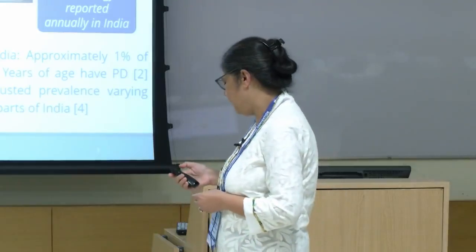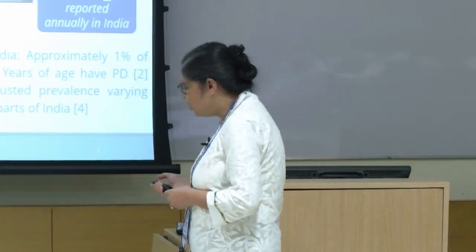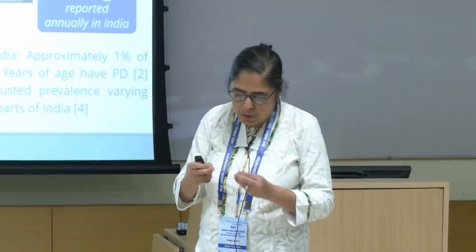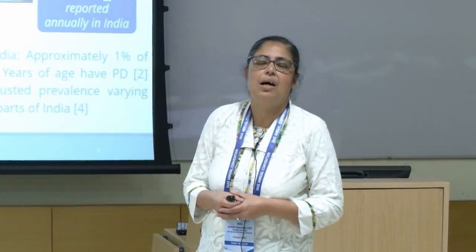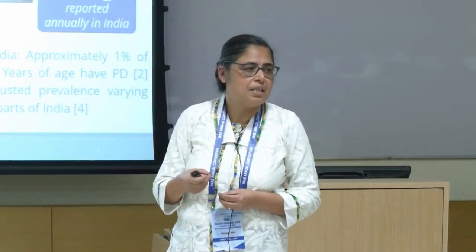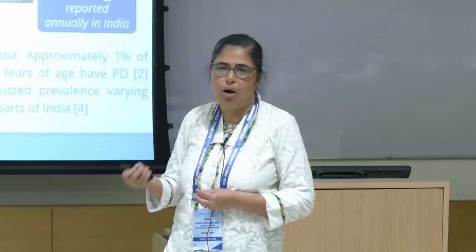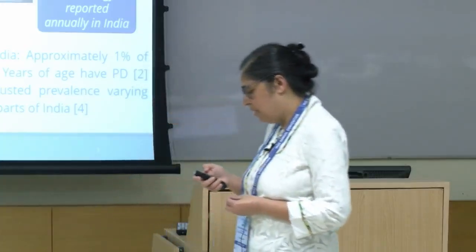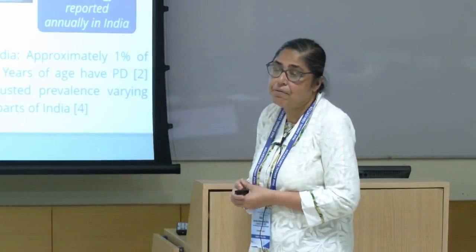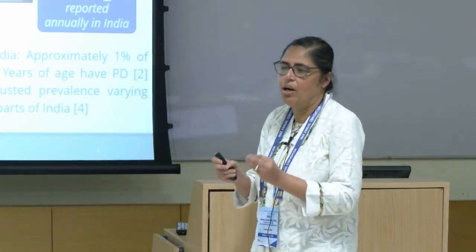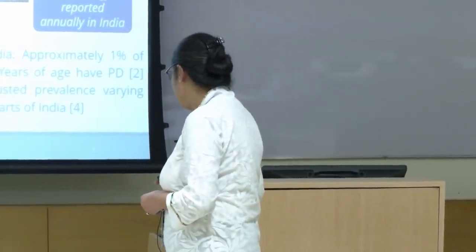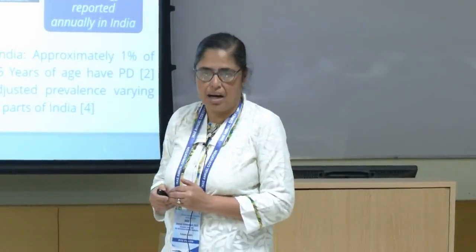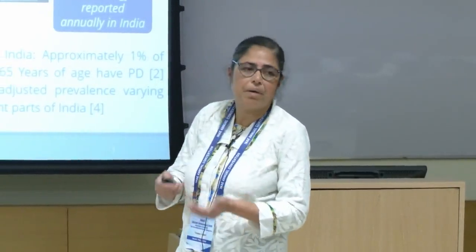I'll come to that soon. And the prevalence rate shows that since ours is an elderly population, we are going towards an aged population. People above 65 years of age have a tendency of demonstrating freezing of gait and suffering from Parkinson's. This is not all, but the prevalence is showing that the problem is really starting, not only globally but also in India.